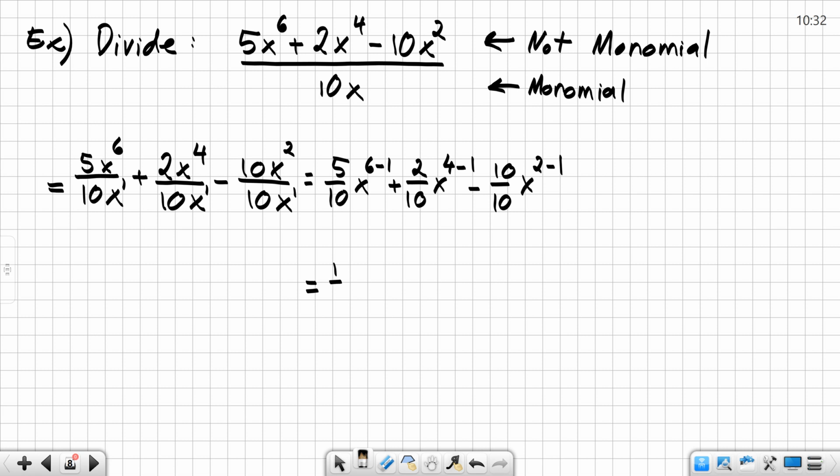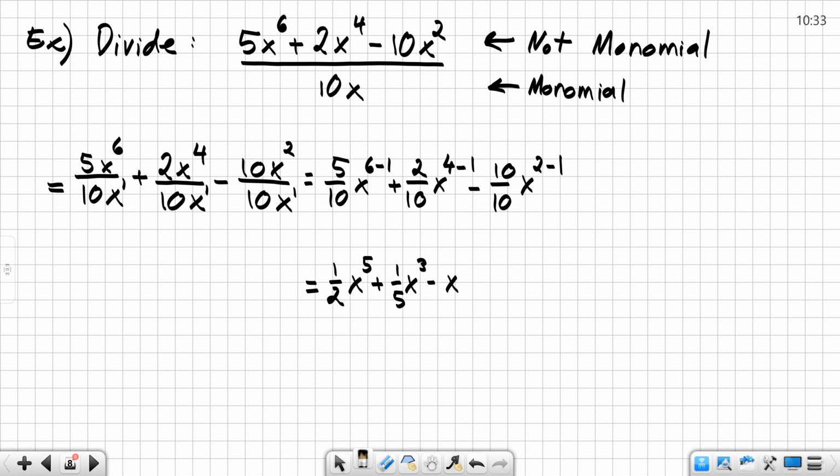5 divided by 10, that is 1/2. X to the 6 minus 1 is 5. Plus 2 divided by 10 is 1/5. Times x to the 4 minus 1 is 3. Minus 10 divided by 10 is 1. I do not need to write a coefficient of 1.